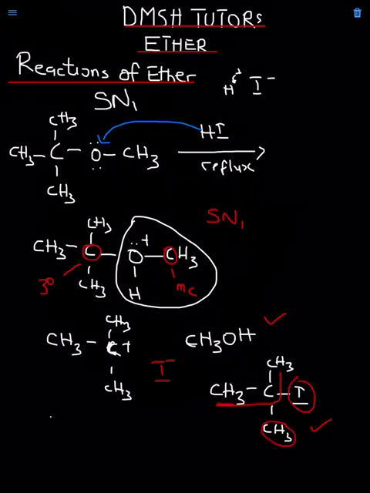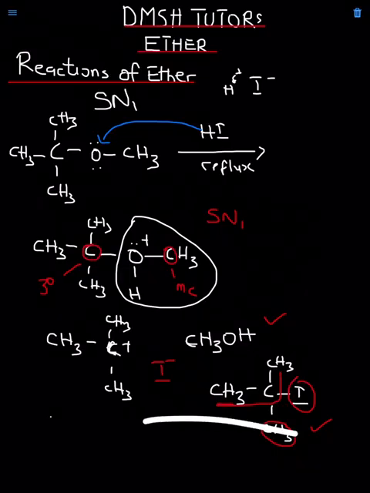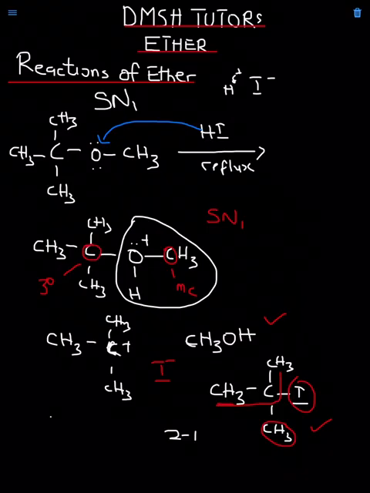Therefore carbon 2. Therefore we have 2-methyl. Between M and I, which one comes first? I now. So we have 2-iodo-2-methylpropane.